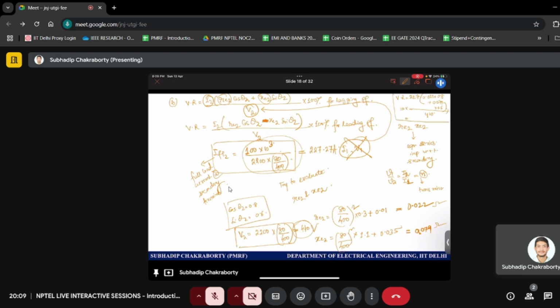So for lagging, it is coming as, let me calculate, 227 multiplied by 0.022, and then I multiply 0.8 plus 0.079 multiplied by 0.6 divided by 440 into 100. So around 3.35 I am getting percentage wise.